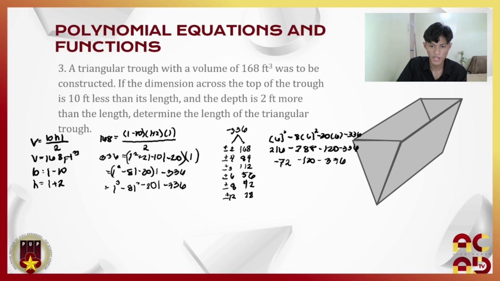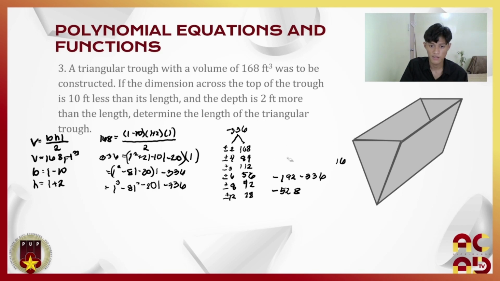Further simplification, negative 72 minus 120, we have negative 192 minus 336, we have 528. So, hindi siya nag-equal sa 0. So, yung 6 ay hindi natin root. So, error yung result sa 6.